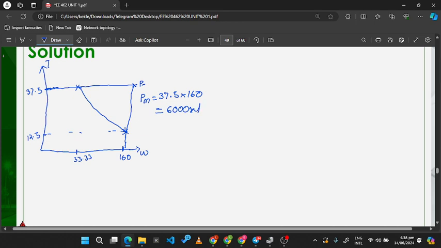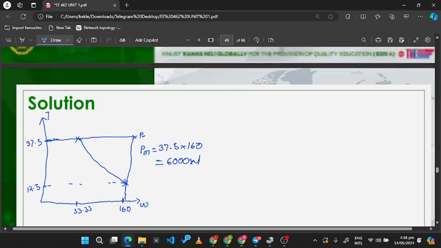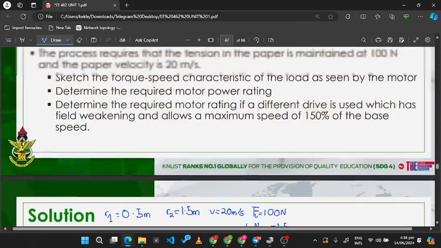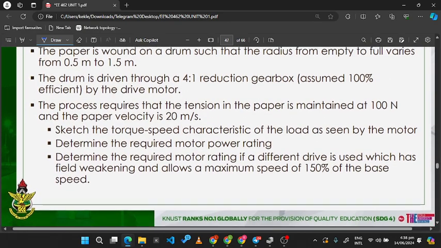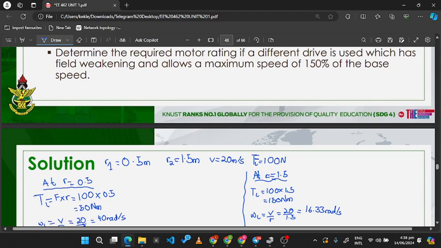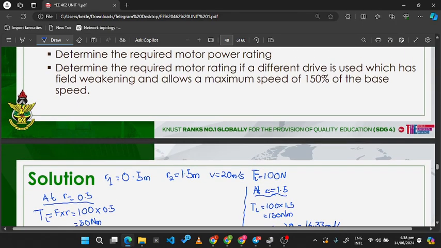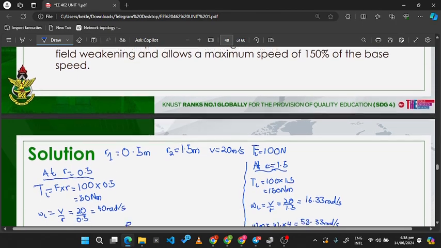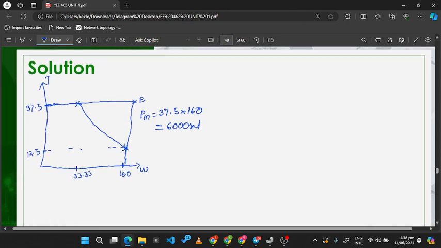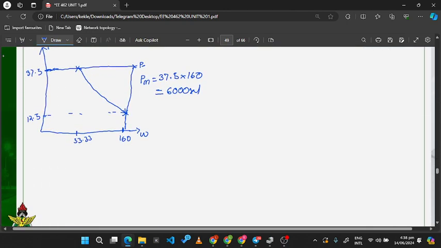The second scenario says we should determine the rating if a different drive is used, which allows field weakening and a maximum speed of 150% of the base speed. So if we are using a drive that allows field weakening, this 160 would be our maximum speed, right?